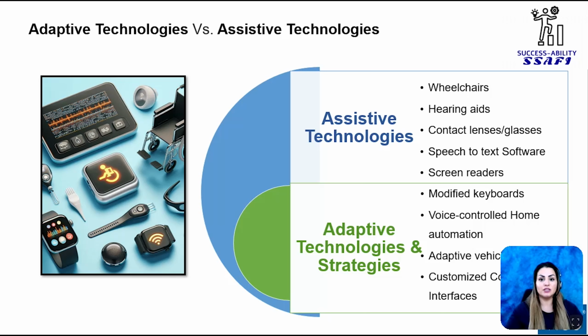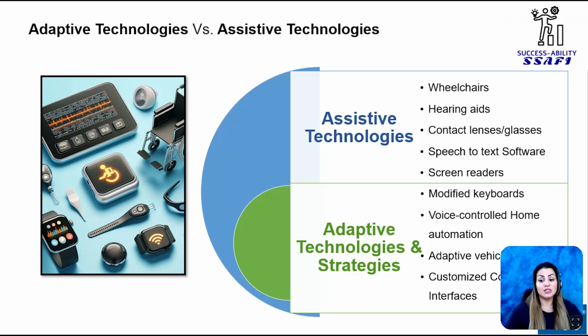If we get into more detail about them, adaptive technologies are often ways, methods, software, hardware that come in handy to modify an existing application or hardware. So adaptive technologies refer to the systems or tools that are specifically designed or modified to meet the unique needs of an individual.